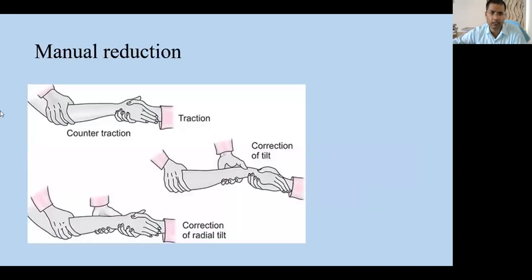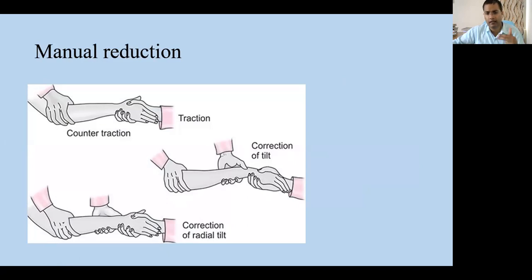You can see, first give the counter traction, then correction of the tilt, either dorsal tilt or lateral tilt, by the finger of the surgeon, and then just keep it in that position. The important thing in bone setting is to obtain the reduction and maintain the immobilization. This is very important.